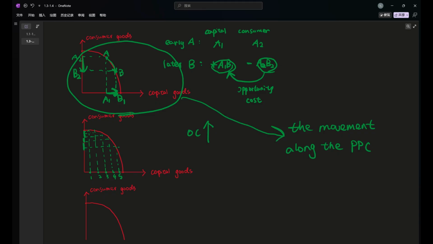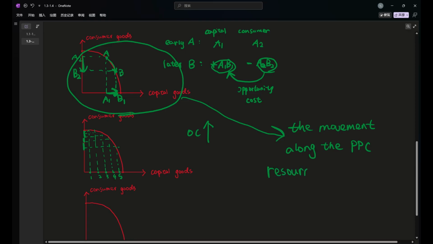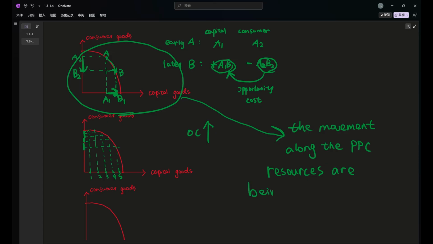Movement around the PPC. Okay. I have given you a very abstract example, it shows the resources are being relocated. Right, that's quite clear.